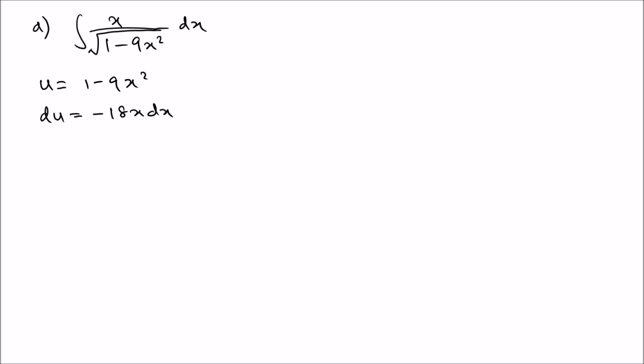Once you take the derivative, you get du equals negative 18x dx. You can see x dx is there, so negative 18 is not there, so we're going to manipulate that. You can multiply and divide by negative 18. It's kind of an easy way to do it. Negative 18x is there, and we're going to bring the 1 minus 9x squared to the negative 1/2 power, dx.